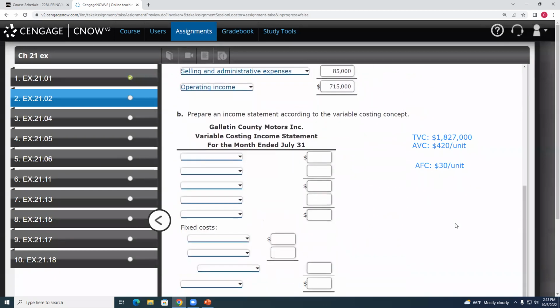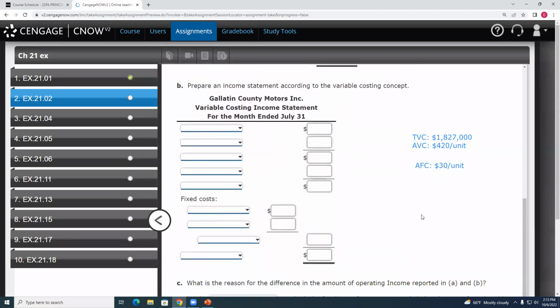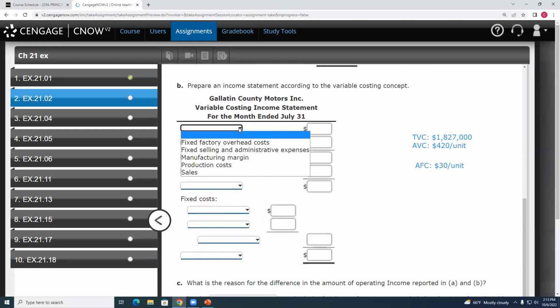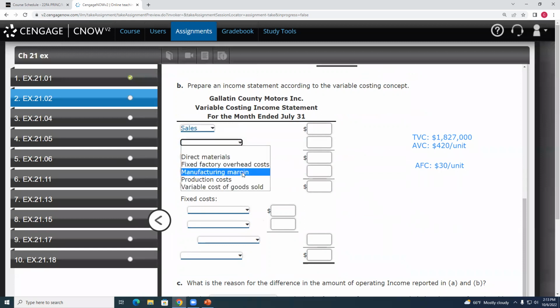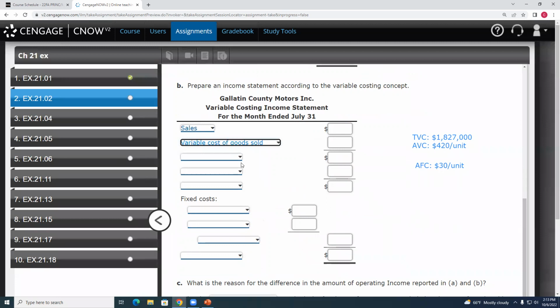Okay. So now let's take a look at the variable costing income statement. This looks like what I showed you in the PowerPoint. Sales minus our variable cost of goods sold gives us manufacturing margin. That's the new interim step that we introduced today.